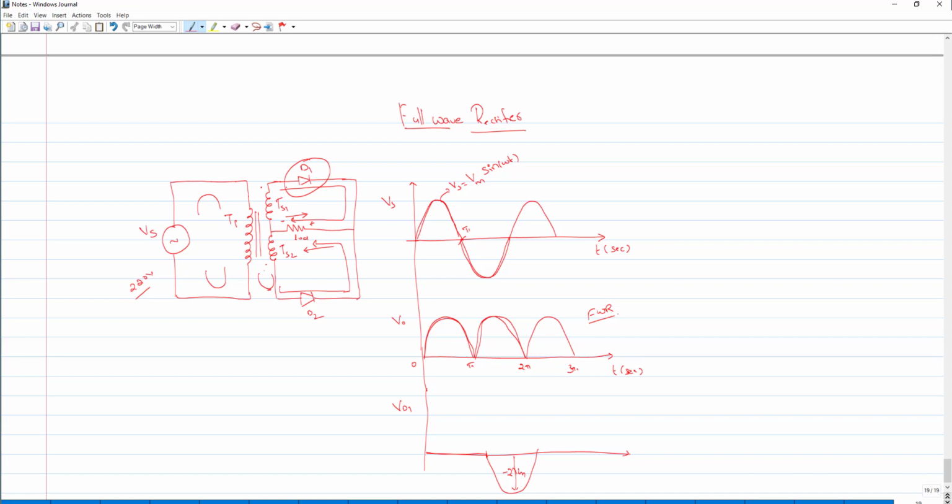That's why the midpoint rectifier is always a point of discussion, like why should we go with the midpoint rectifier. Midpoint rectifier is easy, it has only two devices, but it will not be that easy to see.